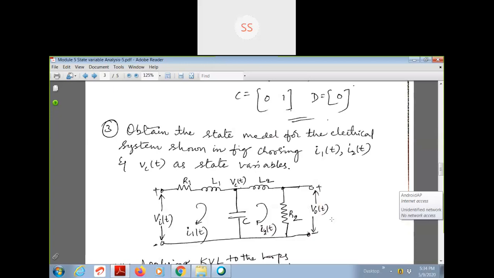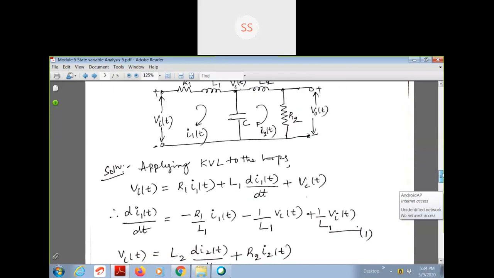We want to check what happens at this node as and when I1 and I2 change. So therefore we want to know the state of this particular node. That's why Vc of t is chosen as one of the state variables. So there are three state variables in this example. So obviously there will be three state equations and one output equation in the entire state model.